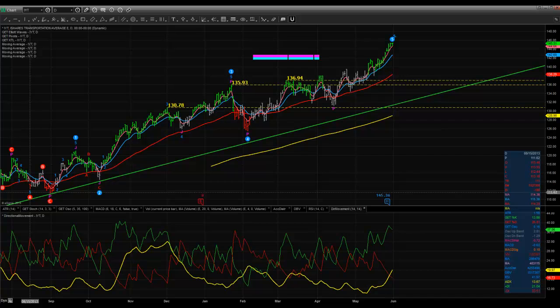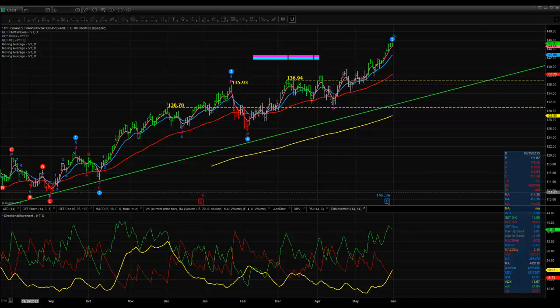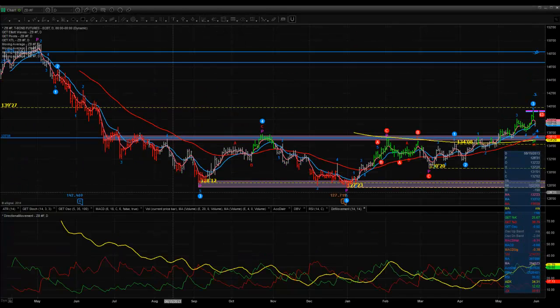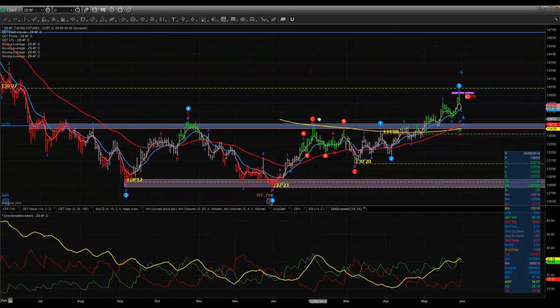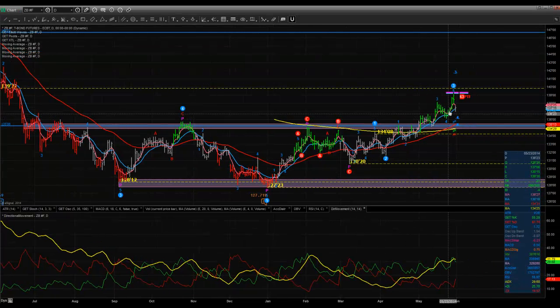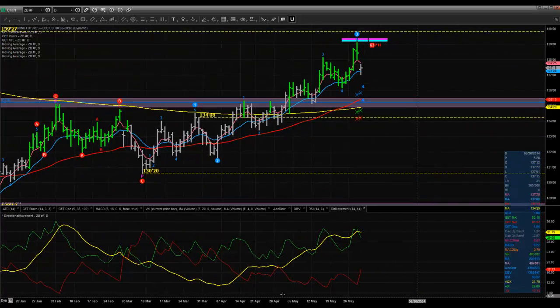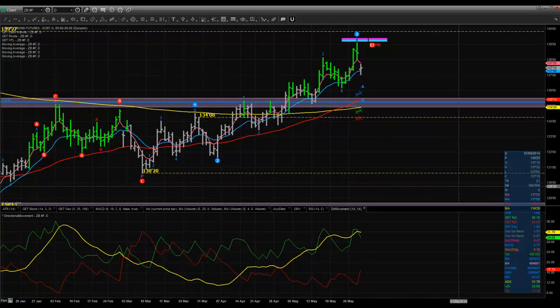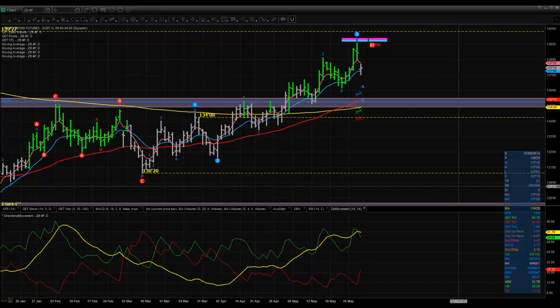Now, the one that I want to focus on, though, and just show you guys is the bond market. You can see here the bond market had a clear move up, and we hit a key resistance level right in this area here, and then we gave it up in a day. I do believe, as I've said numerous times, bonds are going to end up back down here, sandwiched between my support and resistance point.